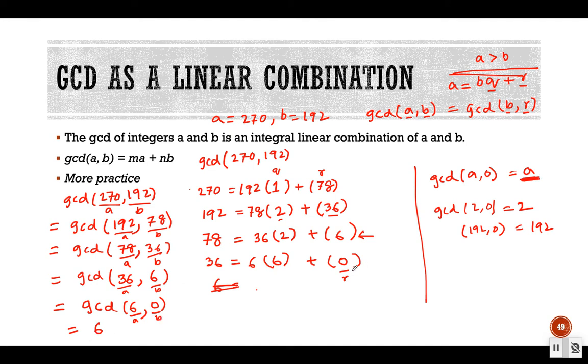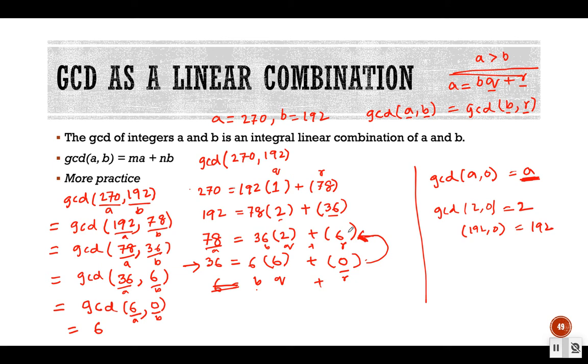And from this transformation, A equals BQ plus R, whenever I find R equals 0, I can stop and look at my last step, where I have A equals BQ plus R. In my last step the R value is the GCD.